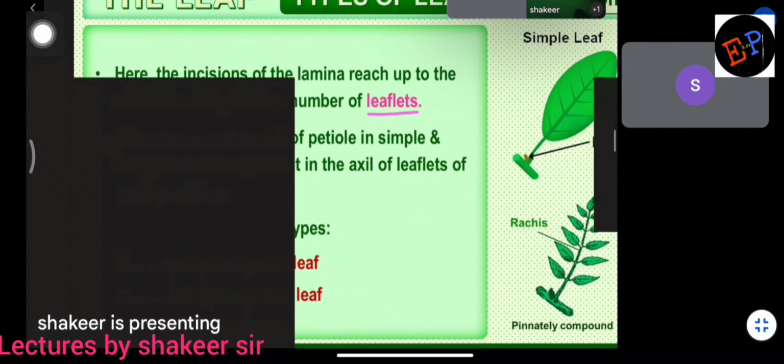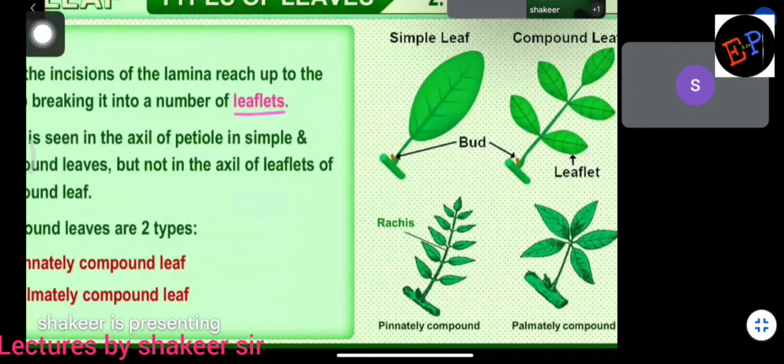See, I will try to explain here. What is this leaf? Simple leaf or compound leaf? Simple leaf. So this is the petiole. At the end of the petiole, that is at the axil of the petiole, you can see buds also. Are you able to understand? Similarly, this you can call a midrib and a petiole, both. So here also at the axil, at the starting of this petiole, again you can find a bud.